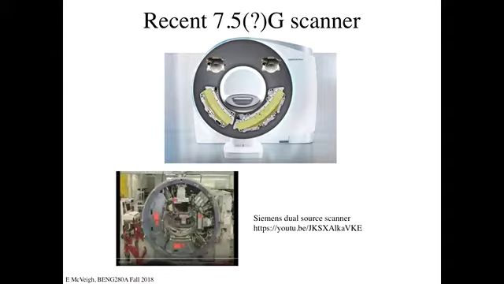Because you really only need to rotate this thing just over 90 degrees to get all of the views you need for a picture. So now this thing gets you pictures in about 65 milliseconds. And the downside is that the detector itself on this design only has, I think, 96 slices as opposed to 256.